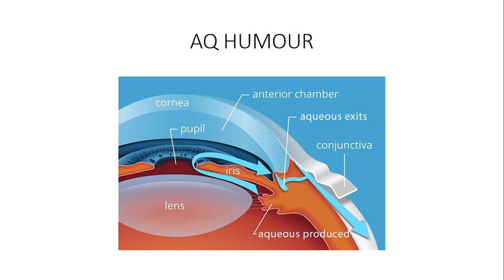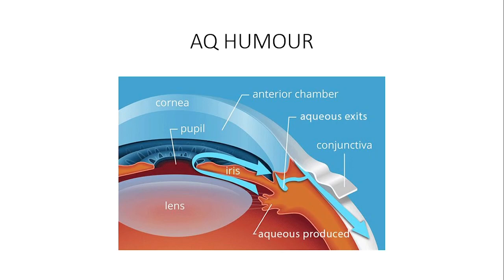The third and the last, but not the least, but before that, remember, apart from giving nutrition to the avascular structures in the eye, after metabolism, the waste products of these structures are also taken by the aqueous humor and drained away to the venous system. So the third and the last but not the least function is to have what?